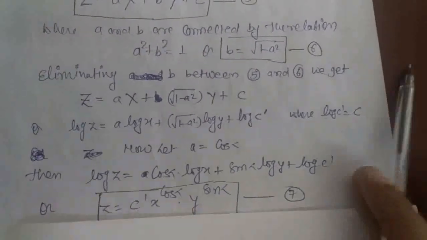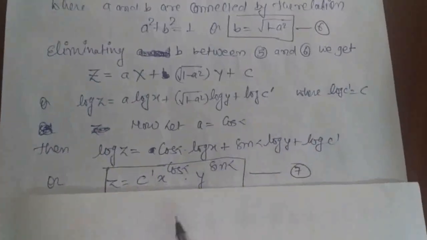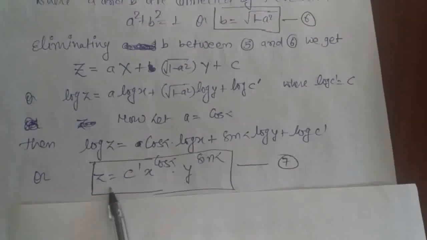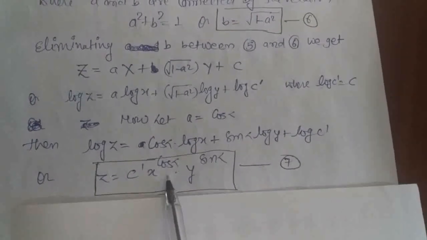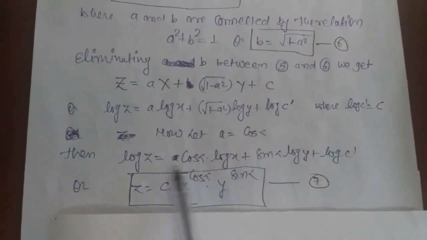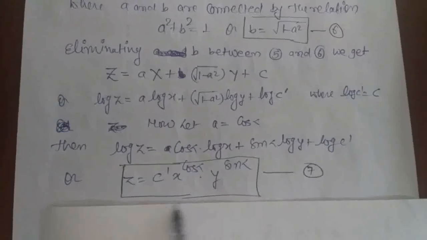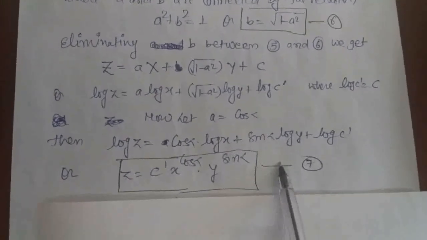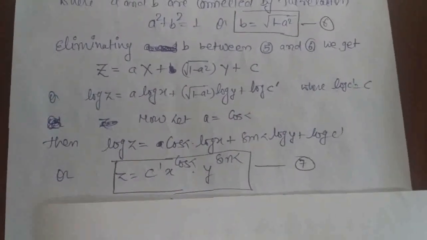By the elementary property of logarithm, we get z equal to c dash x power cos alpha y power sin alpha. So this is our complete integral of equation first.